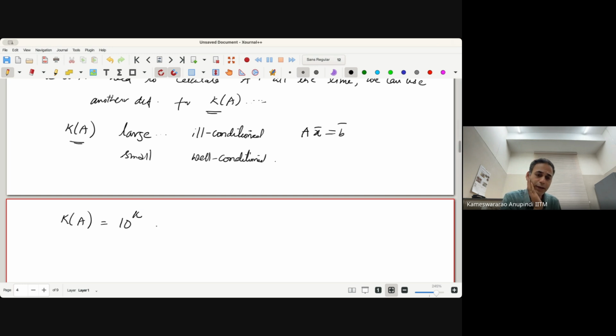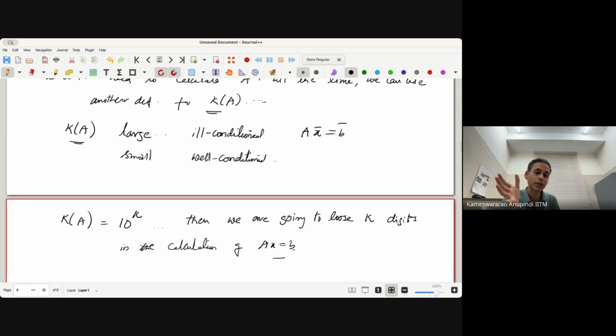If we can write it as 10 power K, then we are going to lose K digits in the calculation of AX equal to B. For example, if it is 10 to the 4, then we're going to lose 4 significant digits in the calculation of AX equal to B by any method. That means the solution is not going to be accurate. If you are working with very small numbers, then losing so many digits will make your calculation give you incorrect results. So that is the problem.